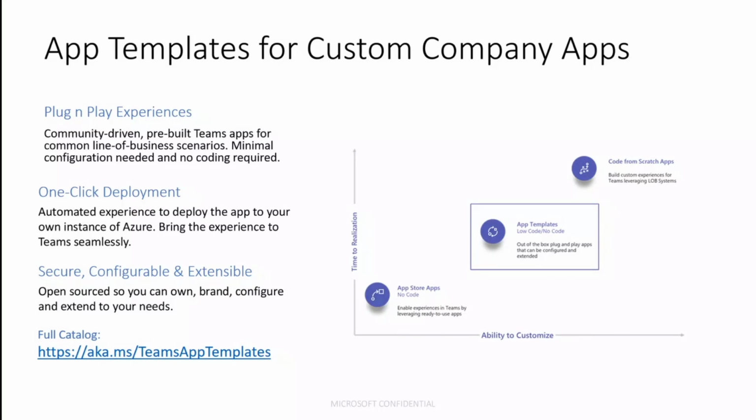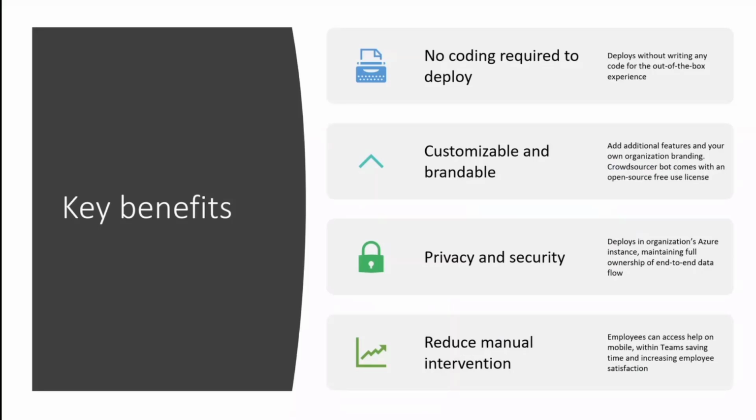So it's at the sweet spot that allows you to quickly realize value and also continue customizing it. You can take any of these app templates, customize the name, branding, change the functionality, and so on. We build this to be secure, configurable, and extensible. So it's a good example code for you to start off from.